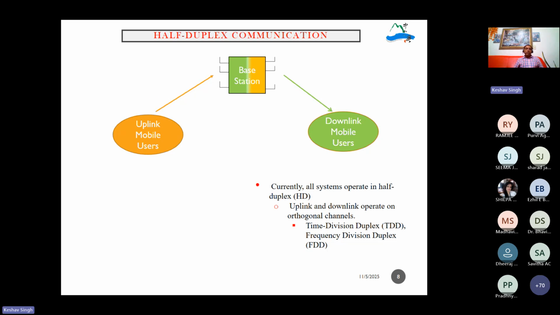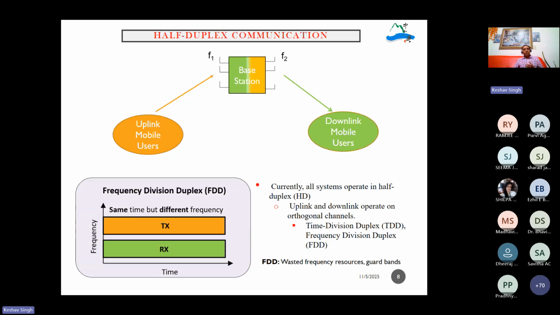So in frequency division, the base station first receives through F1, and second, transmits through F2. If you plot this on a time scale, you can see it can transmit and receive, but at different frequencies.